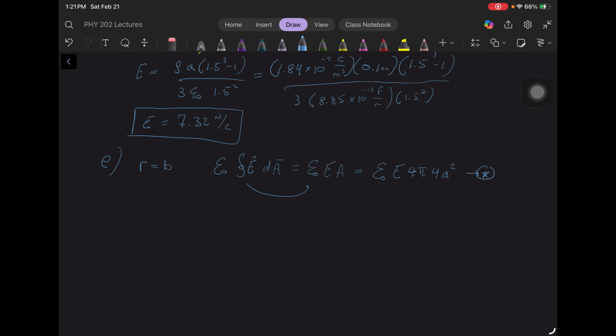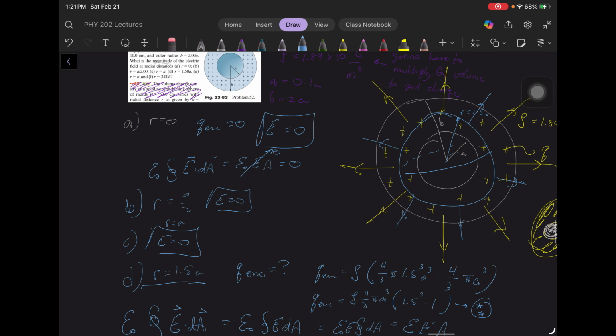Cool. And so let's see, Q enclosed is going to be, well, for the Gaussian surface now at b, we get all the charge.